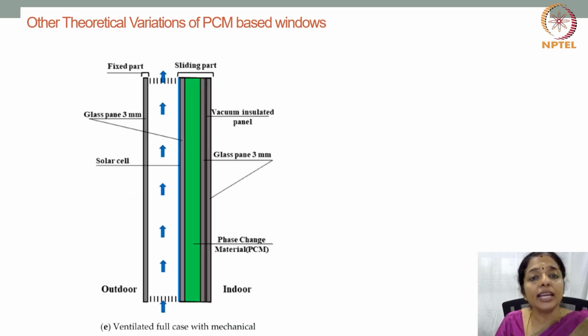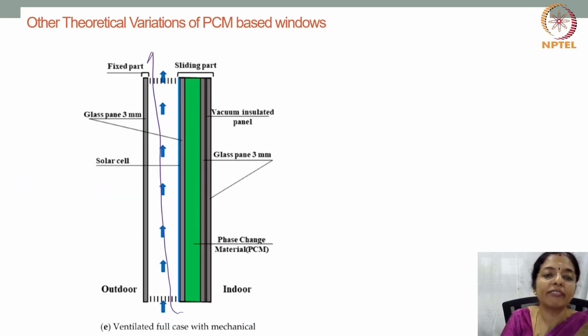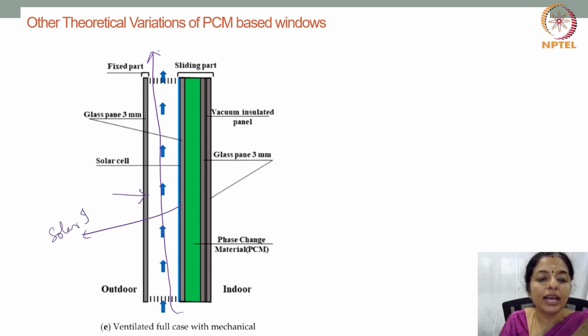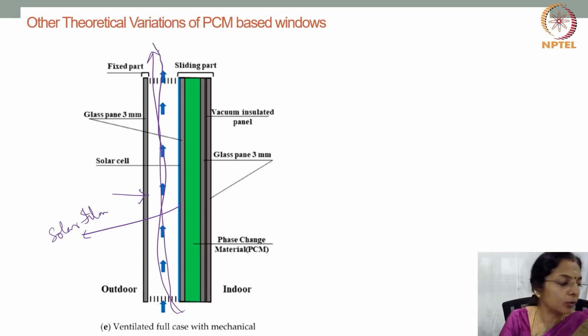And the other theoretical variation is this, where you have a system where instead of the air gap, you are permitting ventilation through this. So you have a glass pane and then you have the solar film, and to prevent overheating of this air gap, you are allowing ventilation through this place.